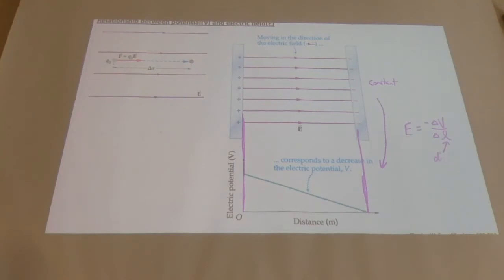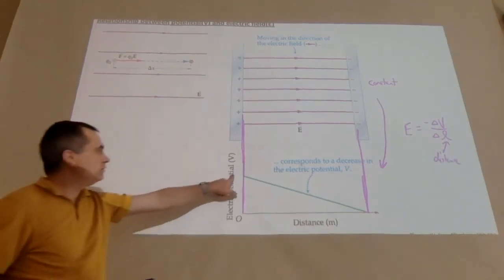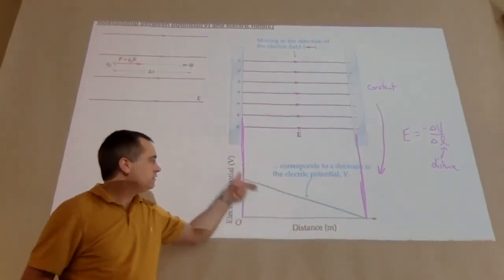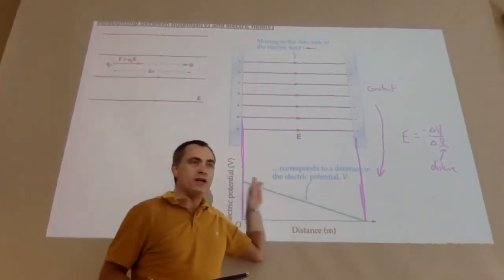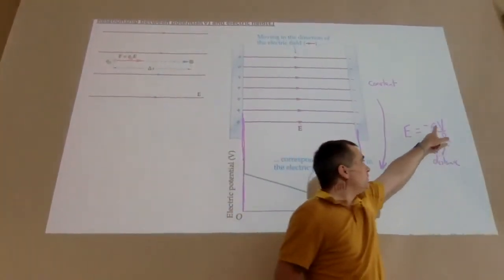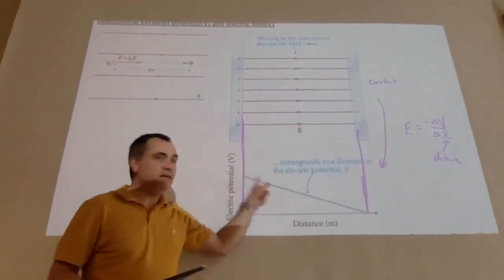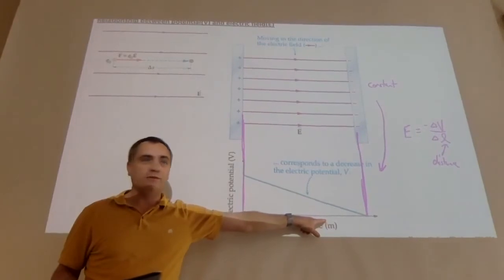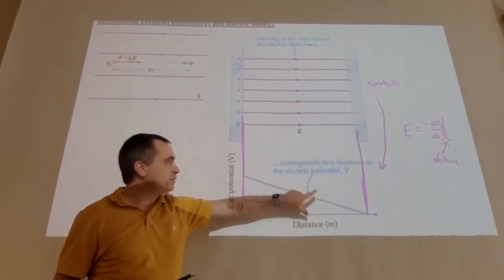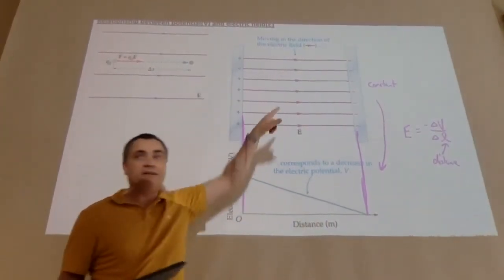Now let's write it as distance, since that's what they did at the bottom there. Notice, potential versus distance. There's a slope, a rate of change. That's what this equation is giving us. The negative says it's a negative slope, okay? This tells us how the potential changes in an electric field.